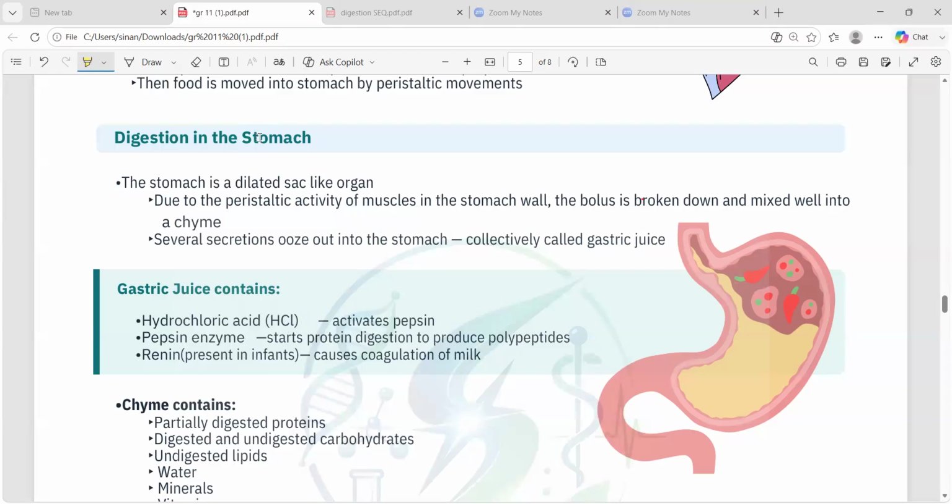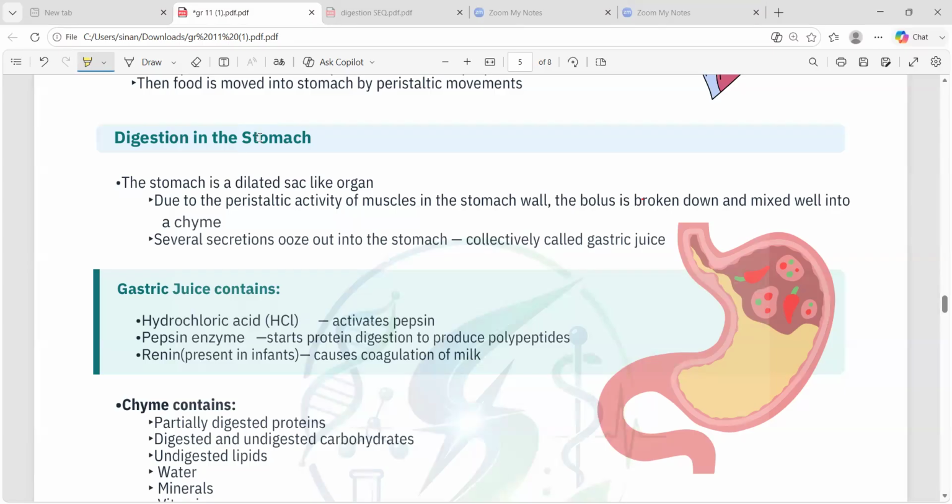And then this food bolus moves and comes to a point called pharynx. This pharynx is like a junction. In this pharynx, both the respiratory gases and the food particles will meet. After that, the food particles try to move into the respiratory tract. When we talk while eating, these food particles try to move into the respiratory tract.